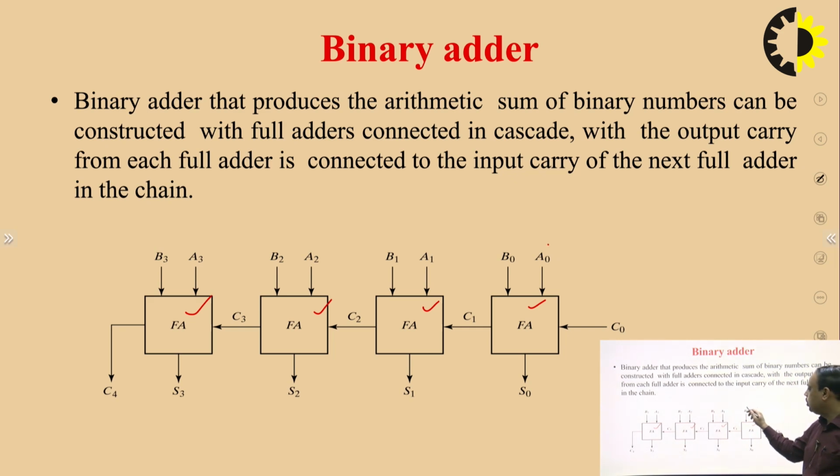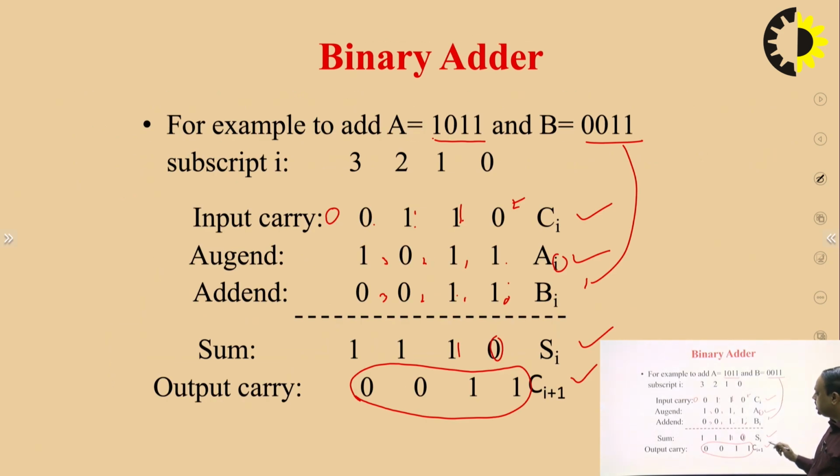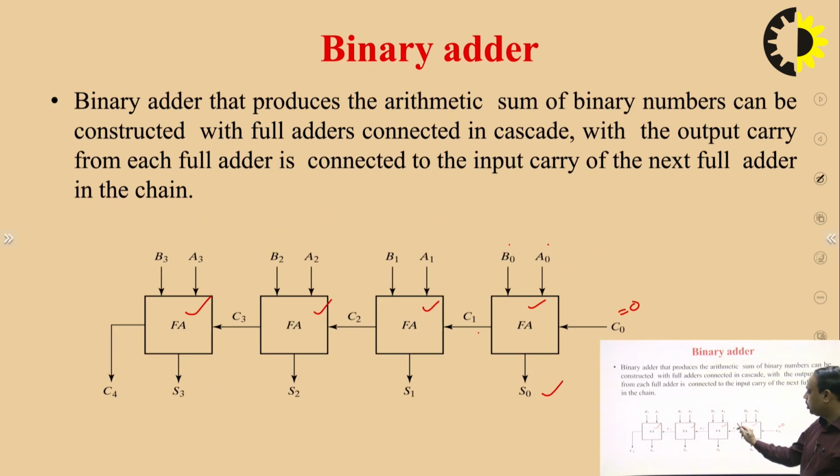We have A0 and B0 as the input, and the initial carry Cin is 0. It produces the sum term and a carry: 1 plus 1 is 0, carry 1. This is Cout, coming from the output of this full adder, and this carry goes as the third input of the next full adder.